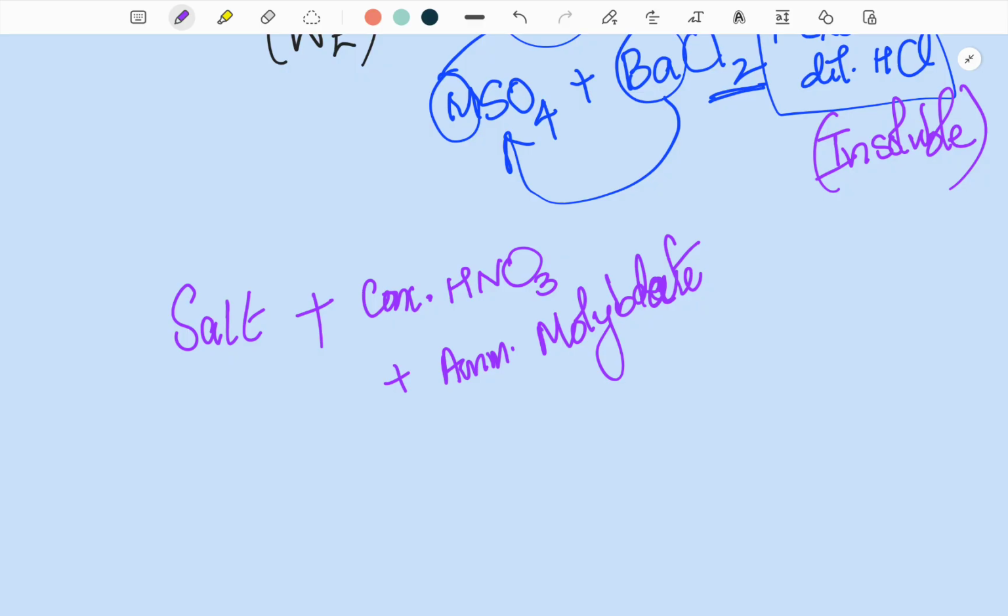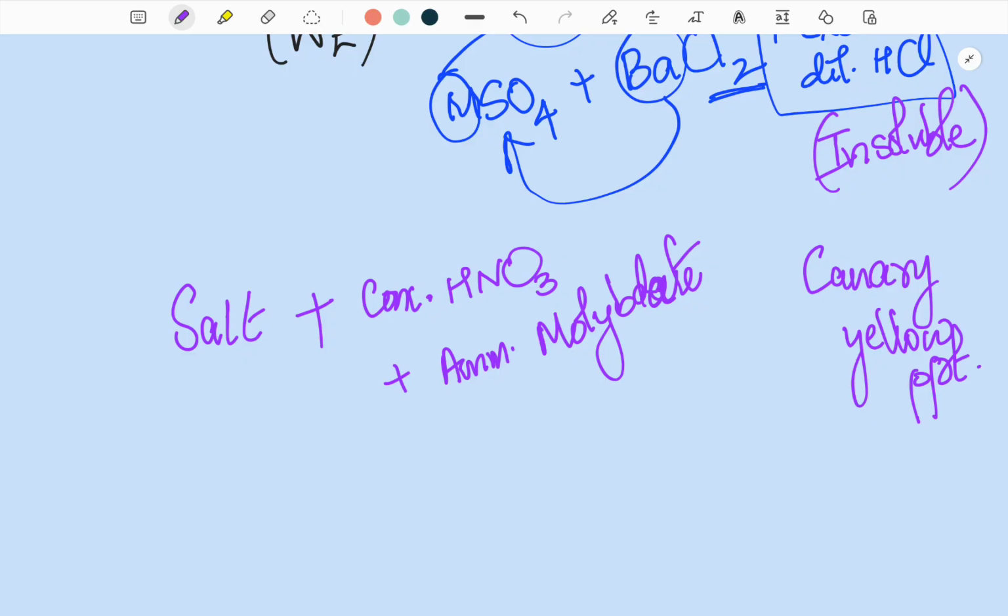When you are adding these chemicals to the salt, you will see a canary yellow precipitate. What is a canary? Canary is actually a bird, and canary yellow is a particular shade of yellow. You don't have to be very specific, you can even just say yellow precipitate.